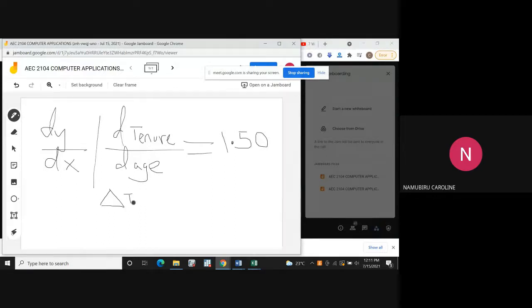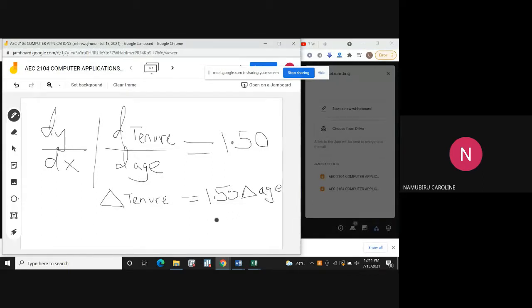Any change in tenure is equal to 1.50, a change in what? In age.